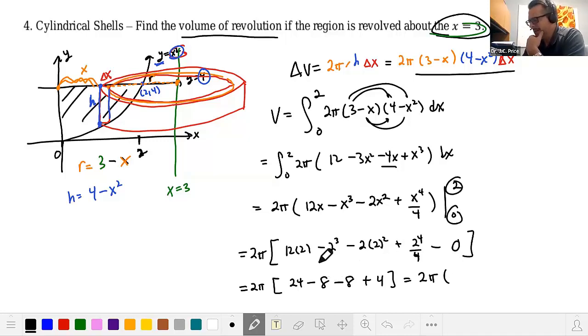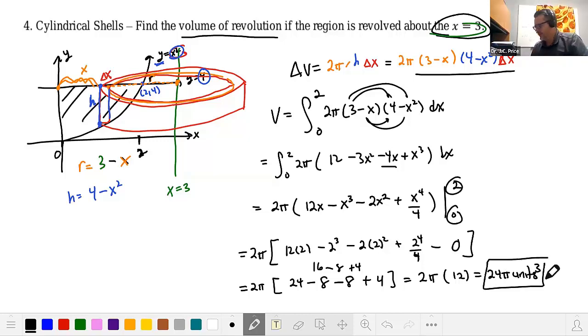So that's going to be, I have 16 there, and then minus 8 plus 4. And so that's going to be, what, 8, and then plus 4, that's going to be 12. And so that's going to be equal to 24 pi. And then don't forget units cubed, because you're actually computing a volume on that one. All right, so there we are with the cylindrical shells.